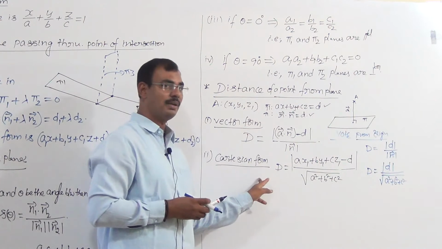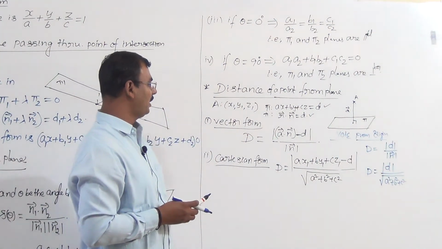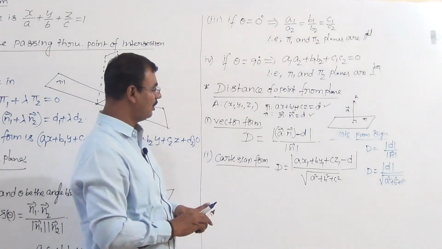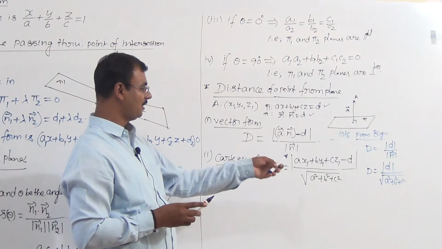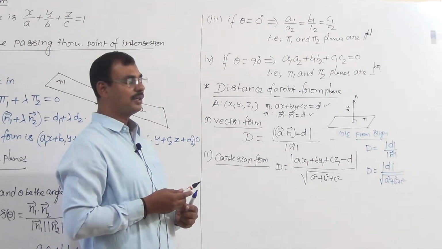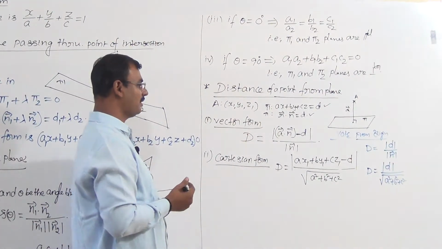In Cartesian form, magnitude of ax1 plus by1 plus cz1 minus d by square root of a square plus b square plus c square. From the origin, magnitude of d by square root of a square plus b square plus c square.